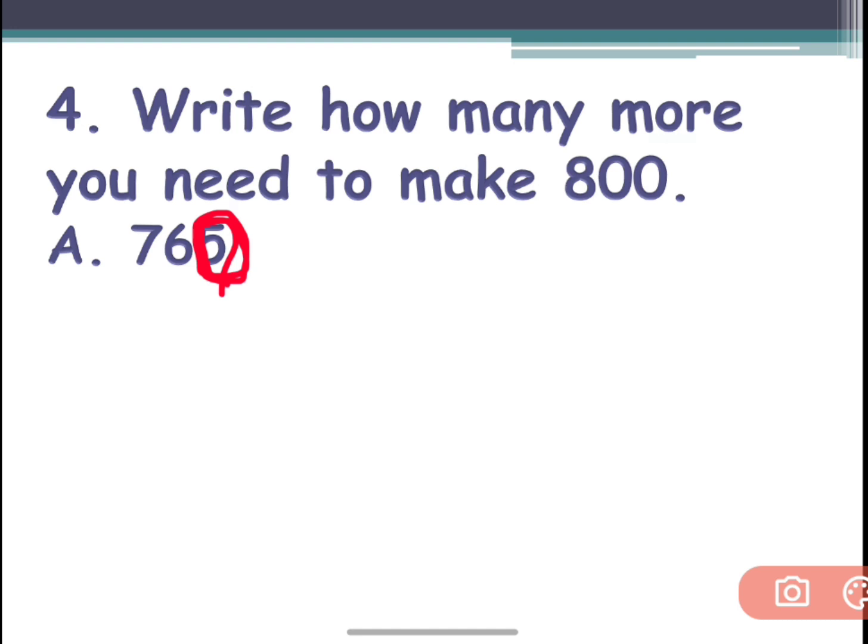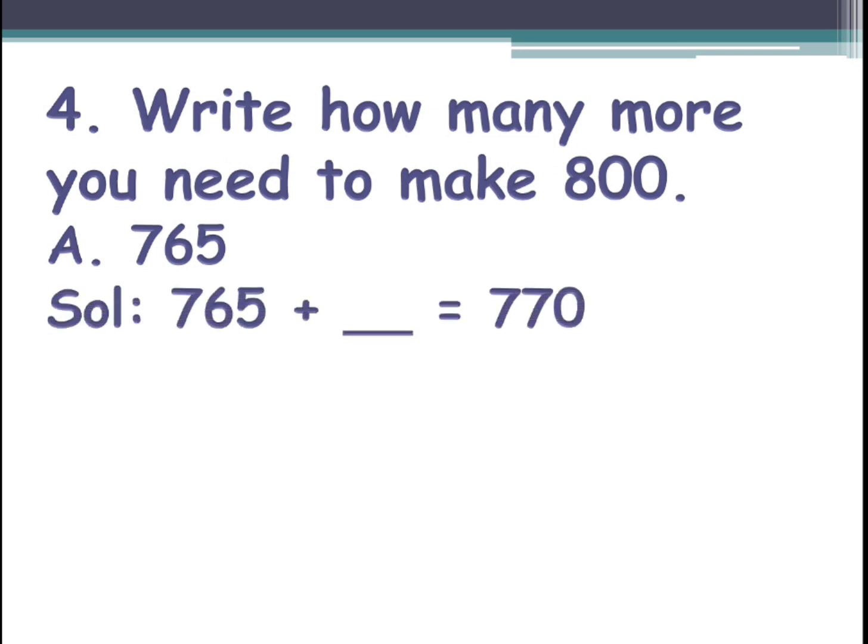How many more do you need to add to make it 10? 5 more, isn't it? 765 plus 5 gives us 770, because next 10 after 65 is 70.